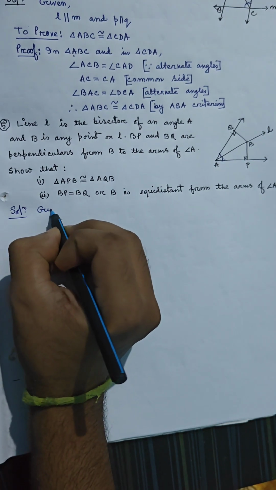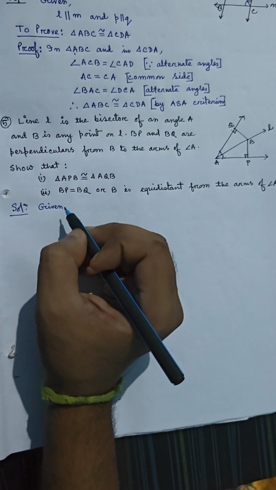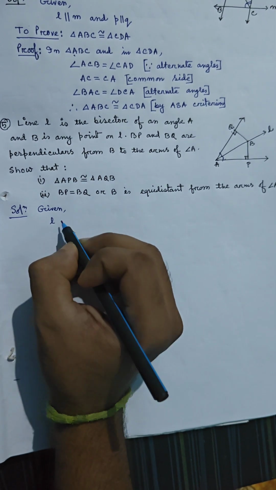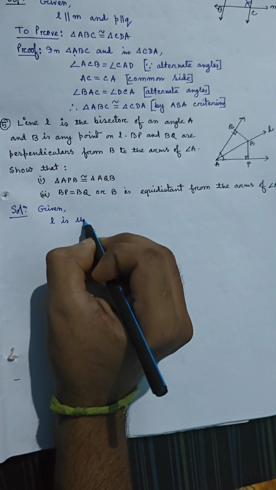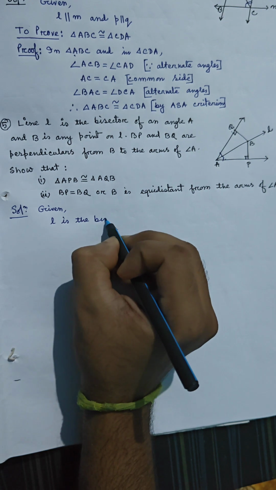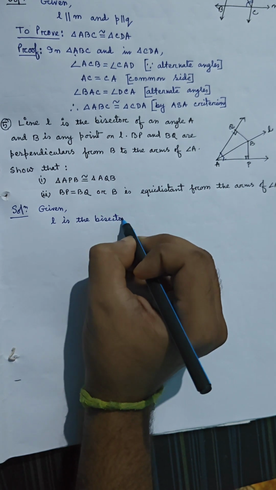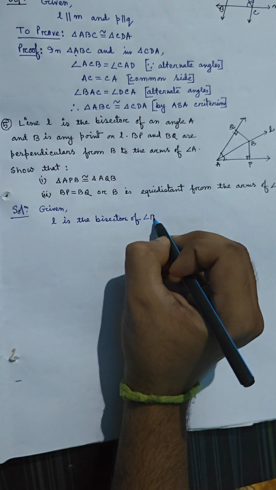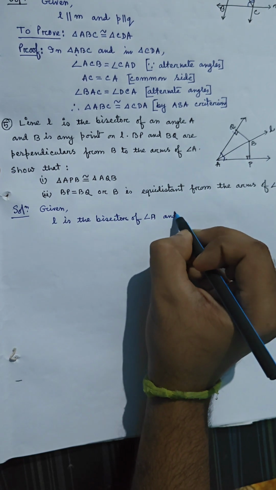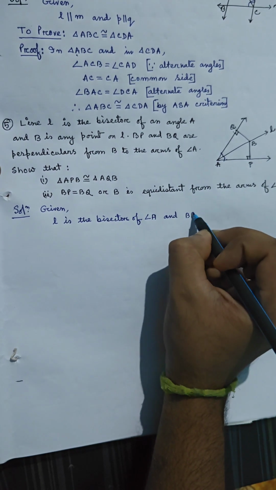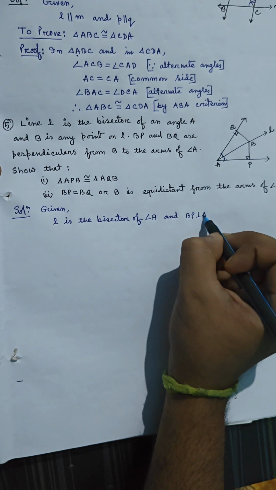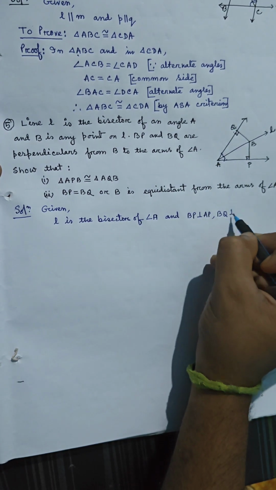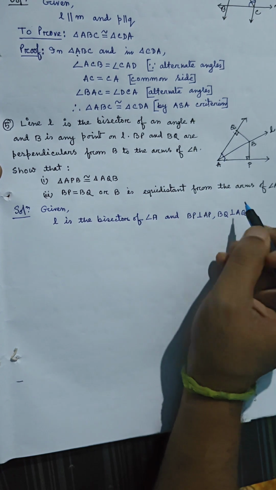Given: L is the bisector of angle A, and BP perpendicular AP, BQ perpendicular AQ.